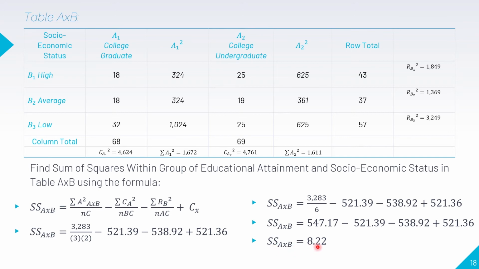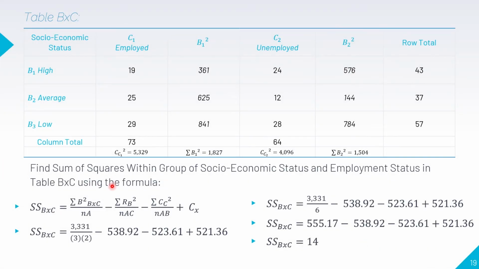Now, in finding the squares within group of socioeconomic status and the employment status in table B by C, we use the formula, the summation of B squared, B by C over NA minus RB squared over NAC minus summation of C squared over NAB plus CX. So this one and this one, we already have the values, we just put here.